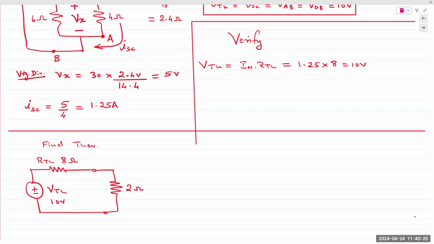This is how it should look. Thevenin equivalent circuit is always a voltage source in series with a resistor. That is the whole point of the analysis. So the final circuit does not change. The final circuit will always remain the same. Final Norton circuit is also the same. It's a current source in parallel with that same resistance. So it's IN.